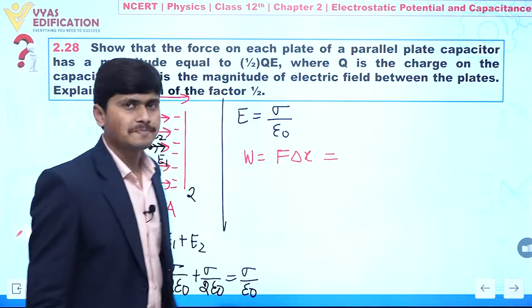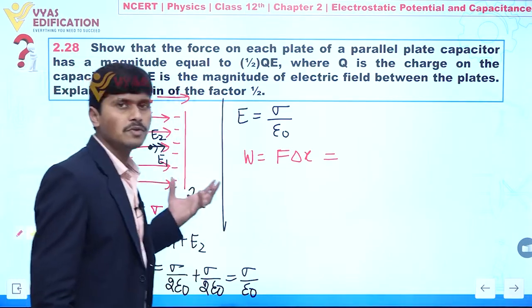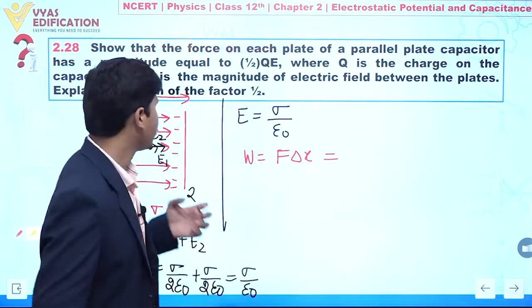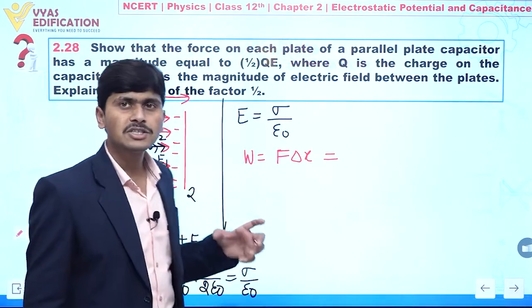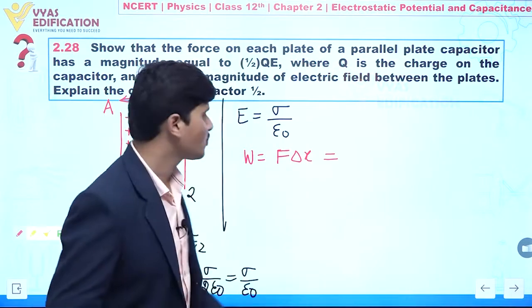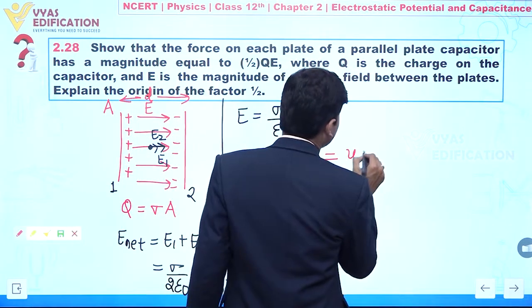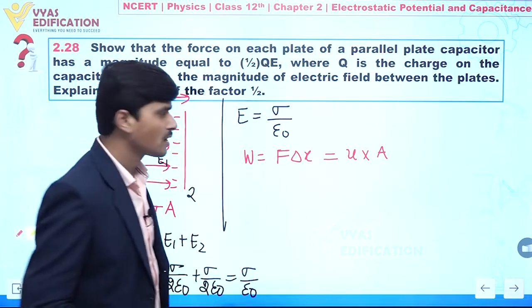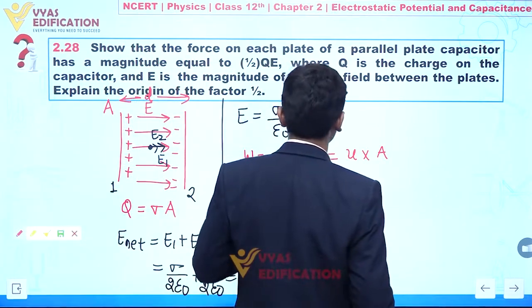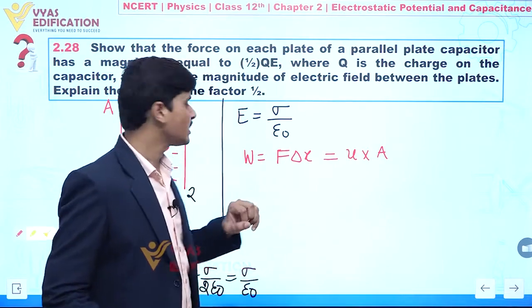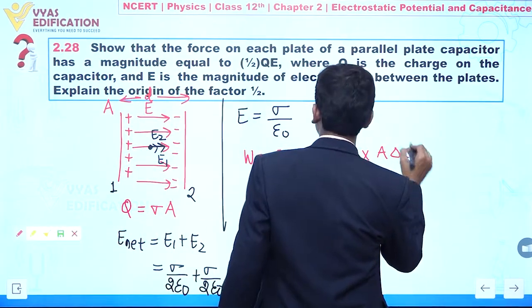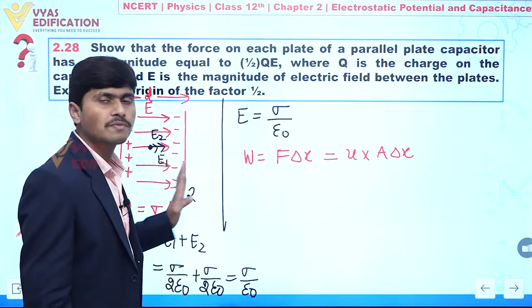Now the important part: we have to do some work against the electrostatic field, which means definitely the electrostatic potential energy is stored between the parallel plate capacitor. So we can write this as energy density multiplied by volume. The volume is the area of this plate times the displacement of this parallel plate.